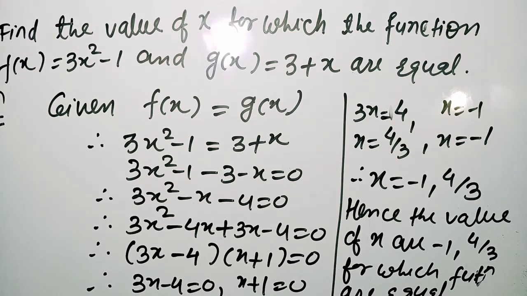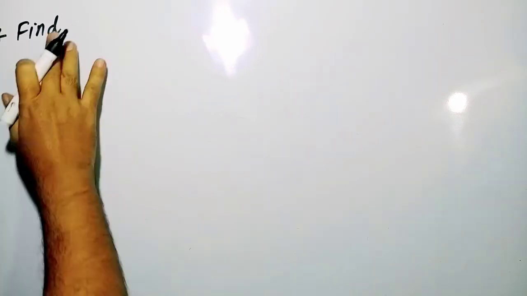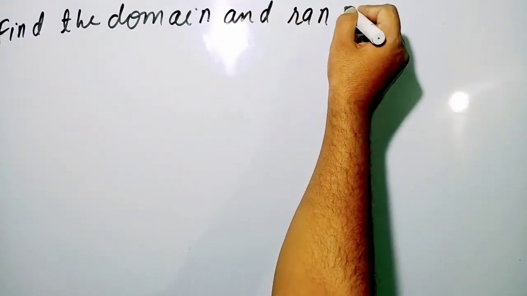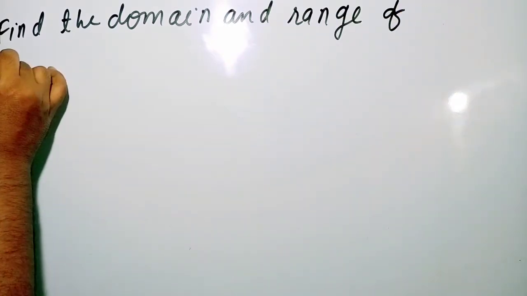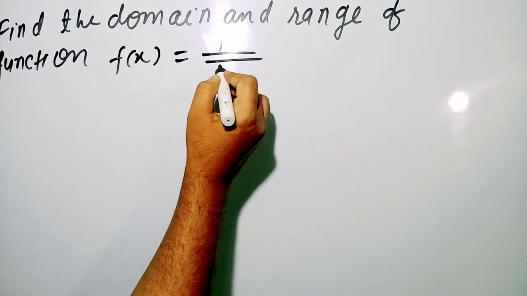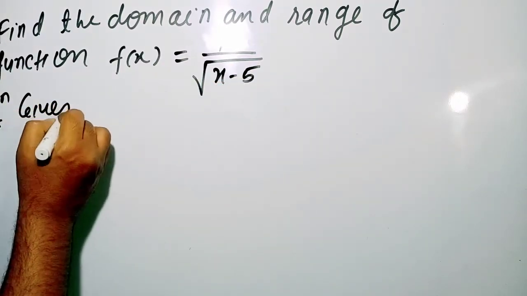Okay students, let us see the next question. Find the domain and range of the function f of x is equal to 1 upon square root of x minus 5.